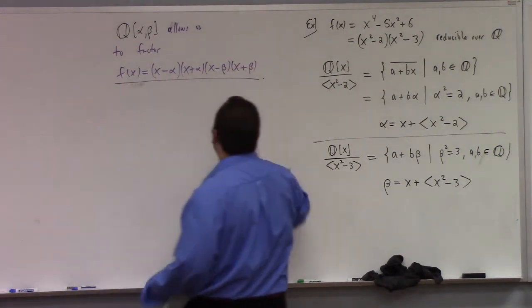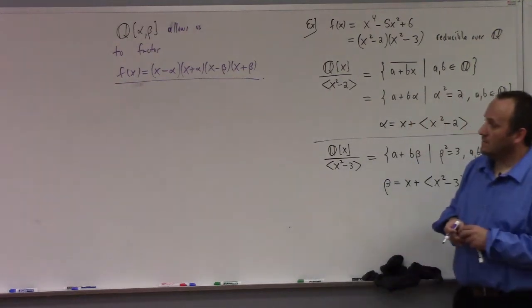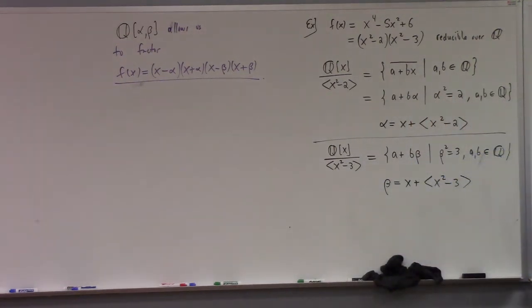So we can factor the polynomial into a product of linear factors if we have both alpha and beta, because those are essentially what? The square root of 2 and the square root of 3.